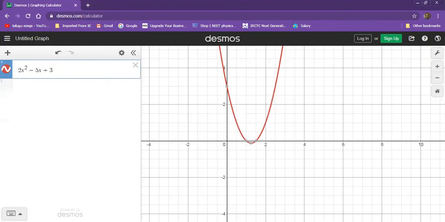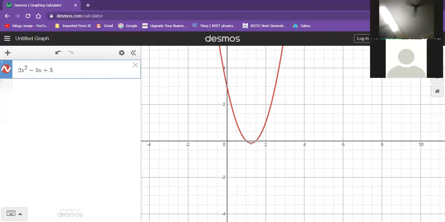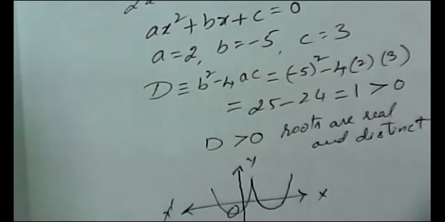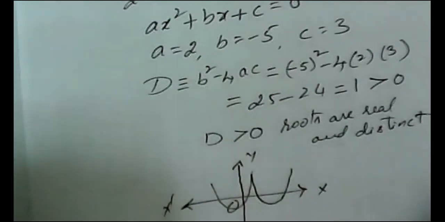So you can clearly see on our graph where we can see here. Just a minute. Just drawn two graphs.